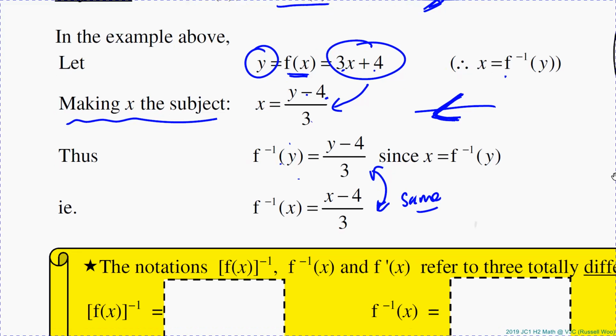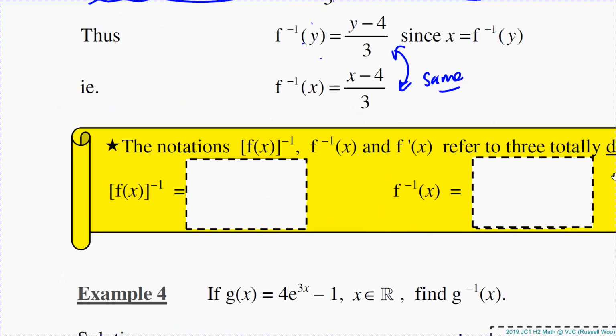Let's also clear a few doubts. What is f of x to the power of negative 1? F of x to the power of negative 1 is actually 1 over f of x, which is 1 over 3x plus 4.